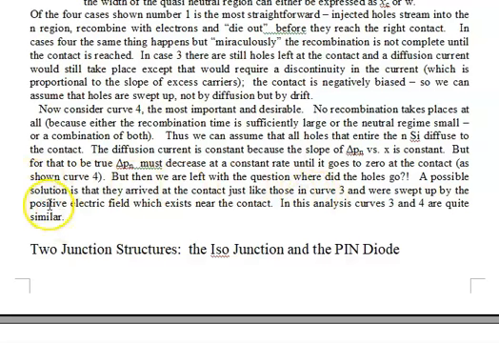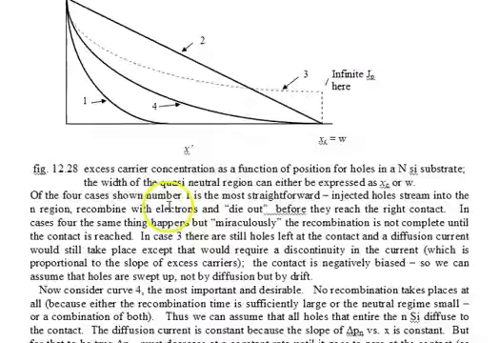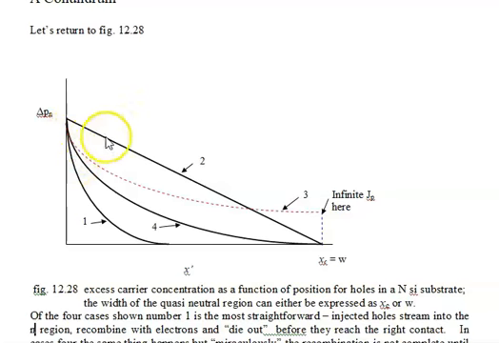So I'm going to say that the solution is, when these excess holes in curve 2 arrive close to, maybe not right at the contact, but in this region right here, they see a very large electric field. These are holes, and they see a large negative electric field, and they're swept into the contact and go around the circle.